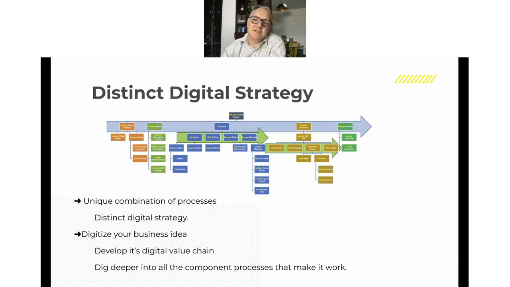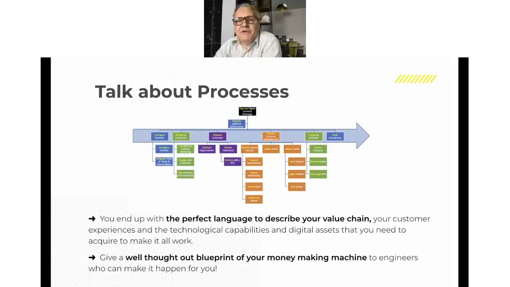Every unique business has its own combination of processes that represents its distinct digital strategy. Indeed, and I will strongly argue, the best way to digitize your business idea and to describe it in terms that anyone should be able to understand is to develop its digital value chain.